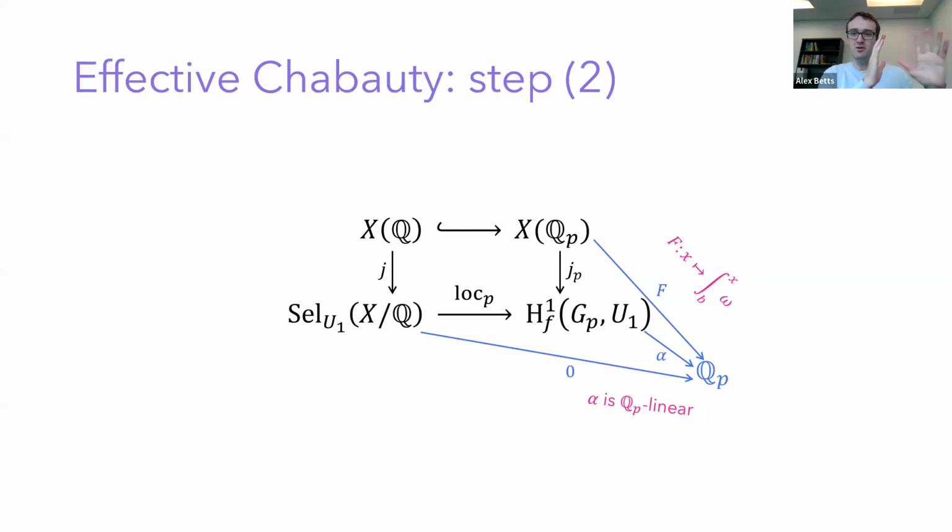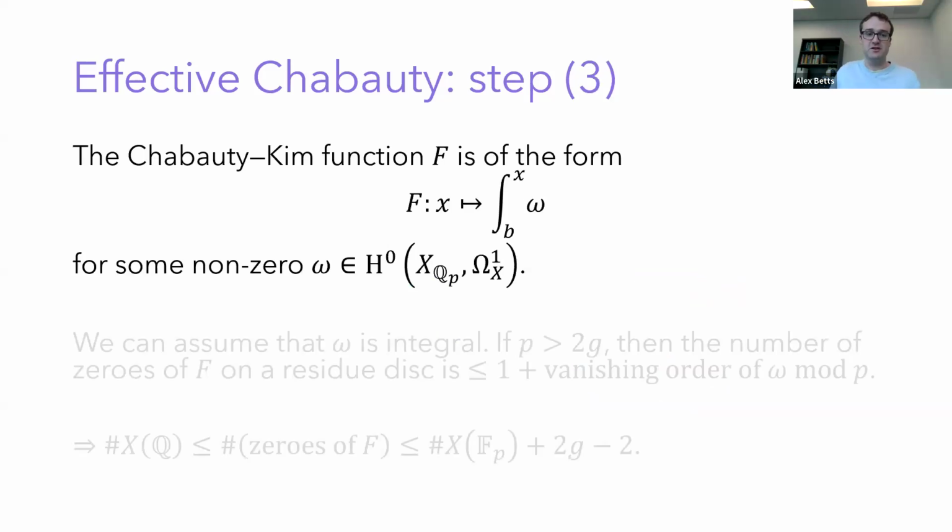So we've now accomplished steps 1 and 2 of that strategy I was describing earlier. We know that the Selmer schemes are vector spaces and the map between them is linear, and then we've turned that into saying something about what this F is: it's the integral of a one-form. So the final thing to do is to use this information to bound the number of zeros of F. And this is an argument that Coleman came up with.